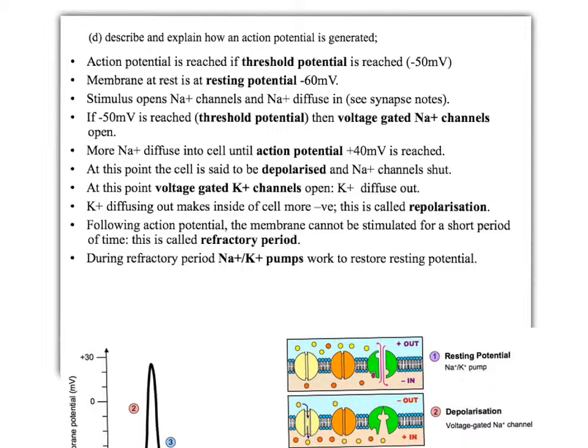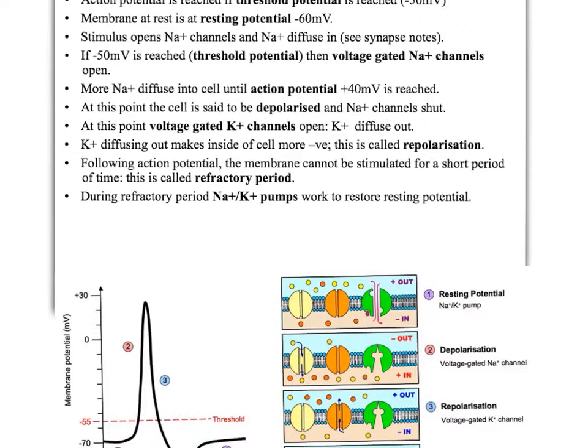Okay, and following action potential and then repolarization, the sodium potassium pumps start to work again. Well, they've been working all the time, but they will start to restore the resting potential, with sodium ions on the outside of the cell, which returns the cell surface membrane to what's known as resting potential.